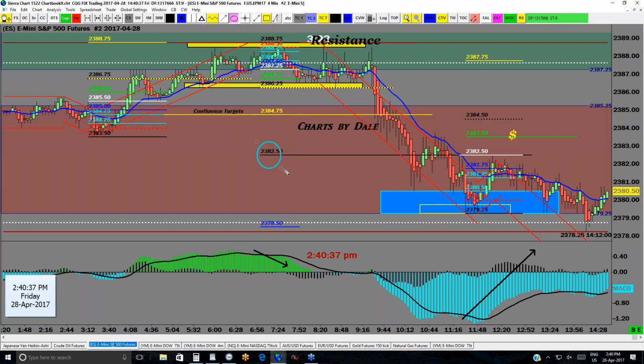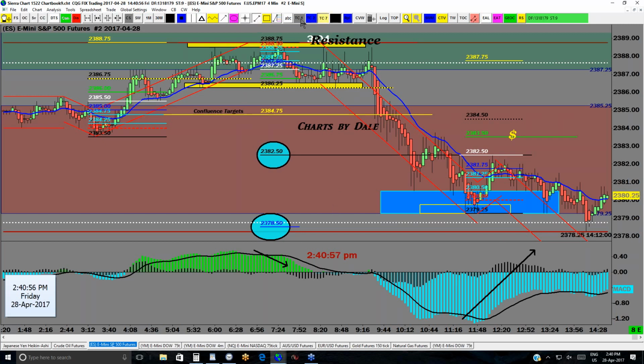It is a confluence target now, so that's 2382.50, and the market came down, kind of hesitated, walked sideways a little bit, and then right down into a 2378.50 area.